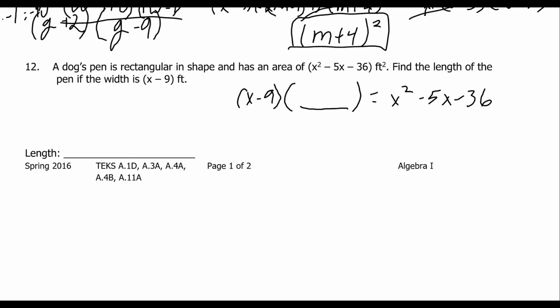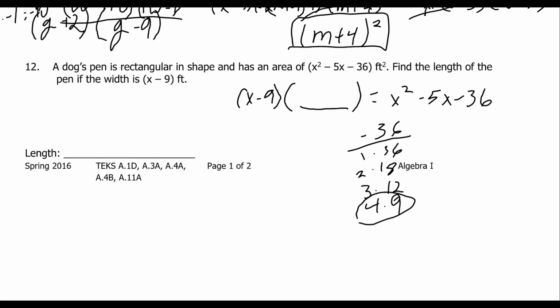Now, let's see. If we go through and look at this, we can take negative 36, break it apart, and go 1 times 36, 2 times 18, 3 times 12, 4 times 9.